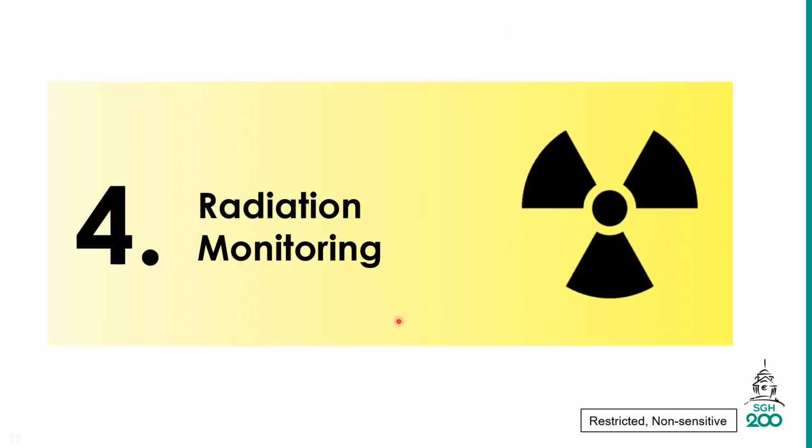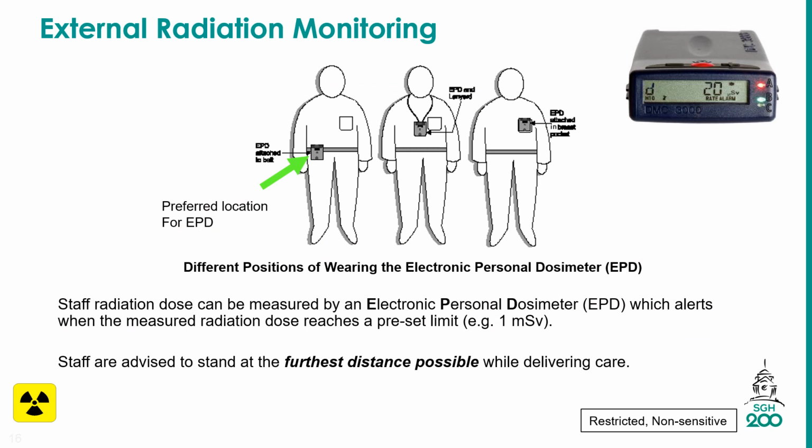Next, we're going to talk about monitoring. How do we monitor radiation exposure? This instrument, which looks like a very small handphone, is called an electronic personal dosimeter, or EPD in short.